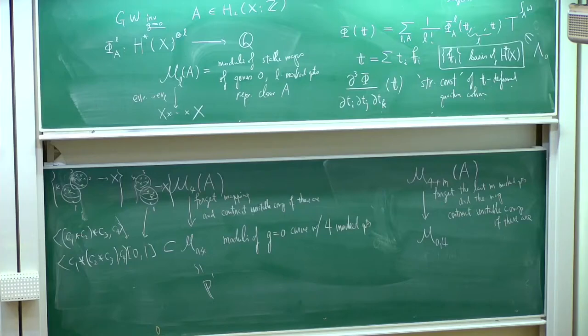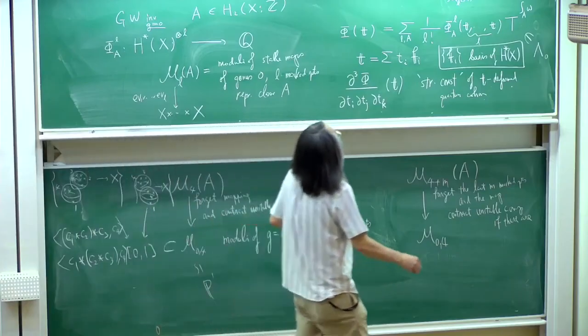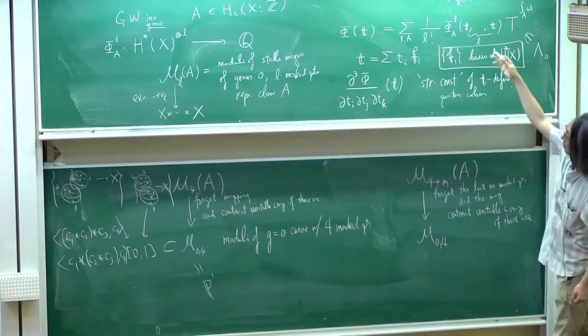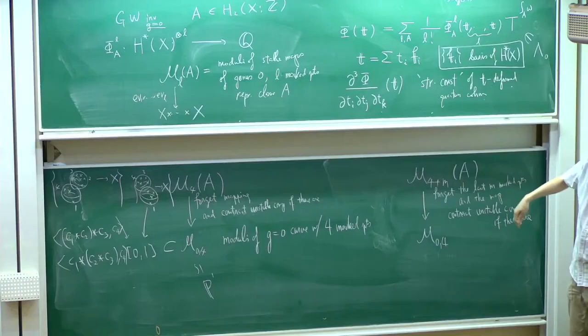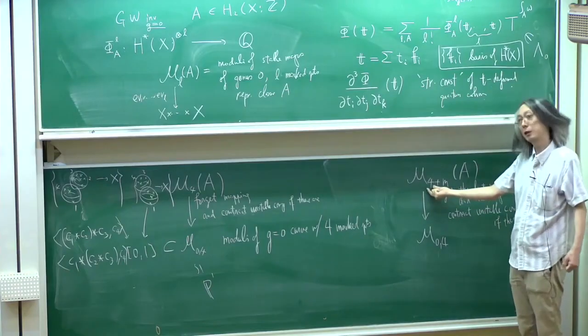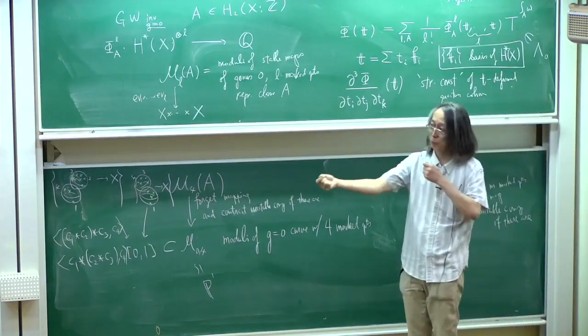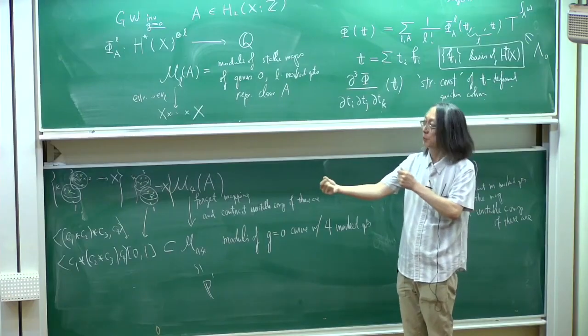And so this is the quantum cohomology. And here you may wonder whether these two things are really the same, because here I treat the first 3 or 4 marked points in a special way, right?